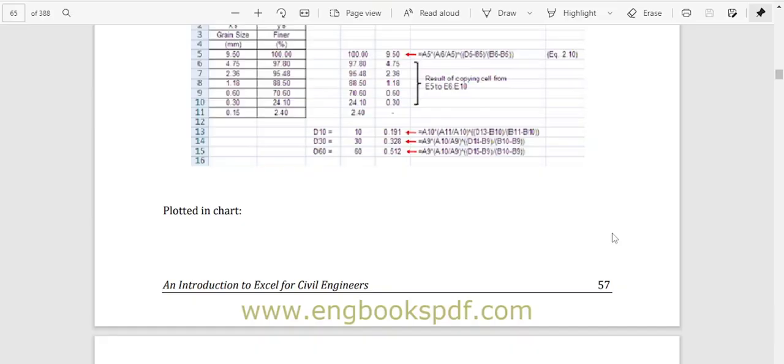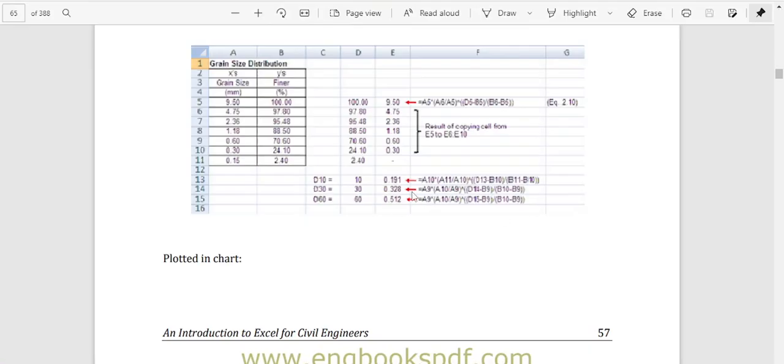So yi, which is A10, you have yi at this.